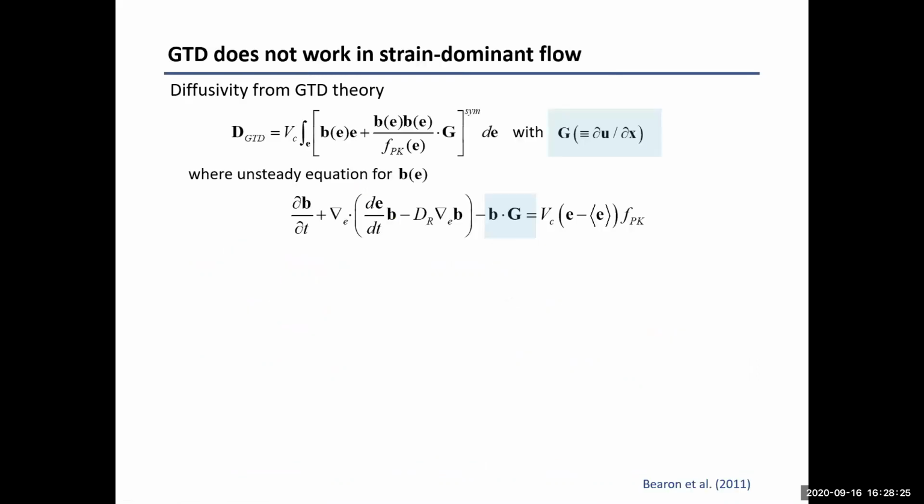The other drawback of the GTD model is that it doesn't work in strain-dominant flow. This is an expression of diffusivity, which is a function of B, and you need to get B to get this diffusivity. B is obtained by solving this equation, and this is the unstable version of that equation.